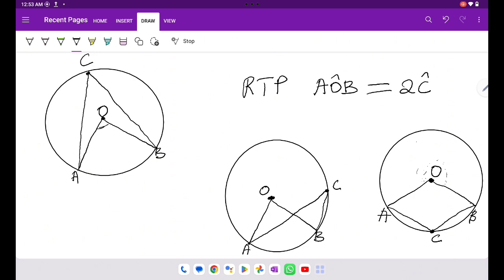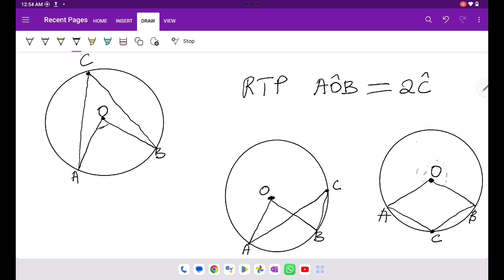Right. So as we have done with the previous theorems, the first thing that we do is construction. With our construction, we are going to join CO and produce it. Okay, so let's do that.